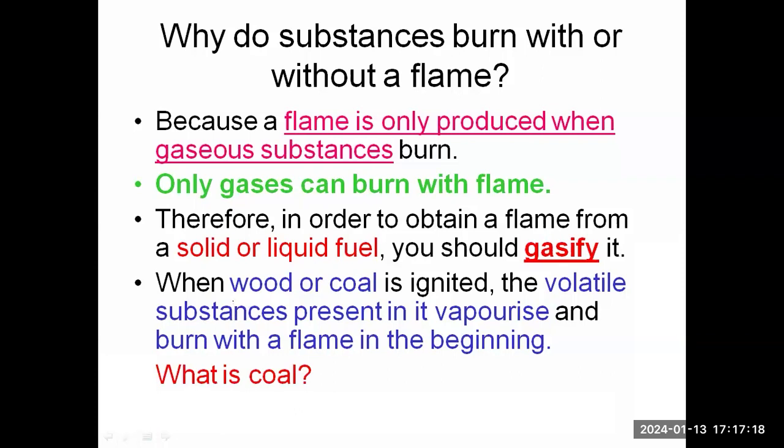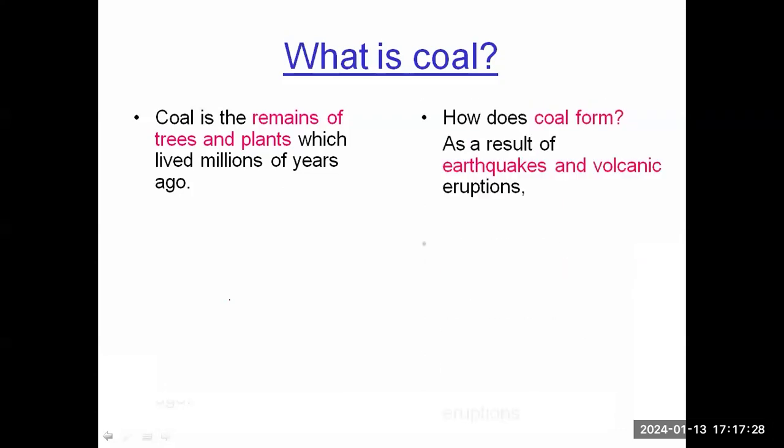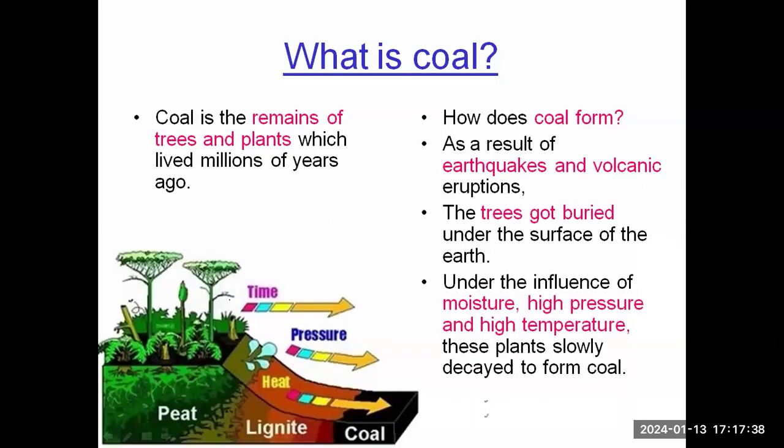Now, what is coal? Coal is a fossil fuel. You must have studied it in social science also. It is a fossil fuel which is produced from the dead remains of trees, and it takes millions of years to produce coal. In this diagram, you can see the trees got buried under the earth because of natural calamities, and then under two factors, high pressure and high temperature, the trees were converted into coal.